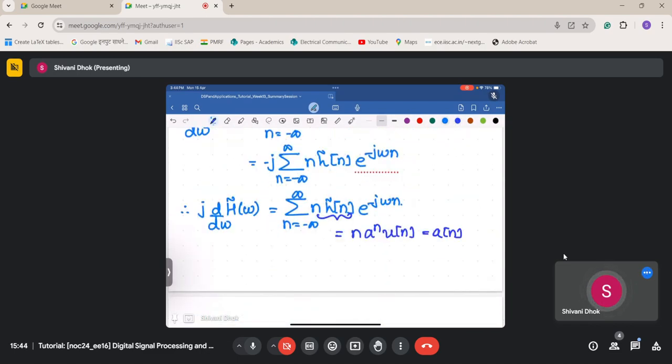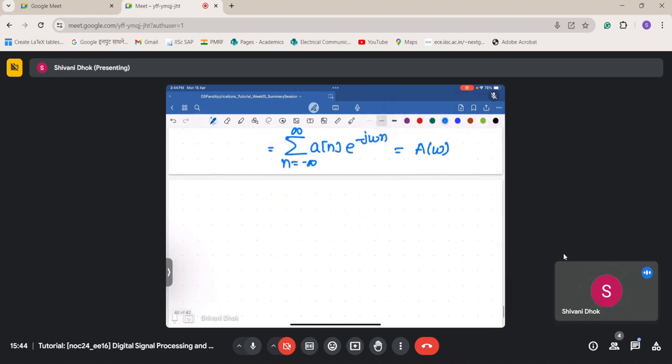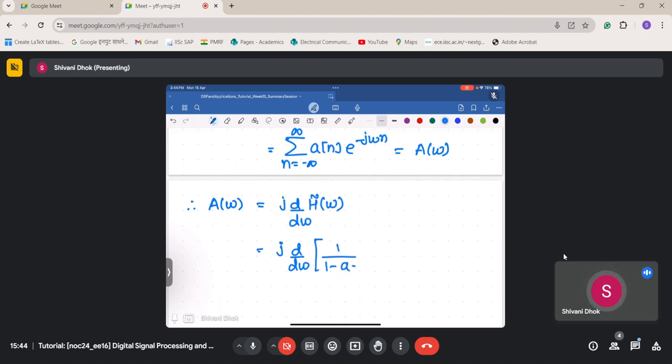So this thing is simply equal to summation n running from minus infinity to infinity a of n into e power minus j omega n, which means that this is A of omega. So capital A of omega comes out to be equal to j times d/d omega of H tilde of omega, which is equal to j times d/d omega of 1 upon 1 minus a into e power minus j omega.